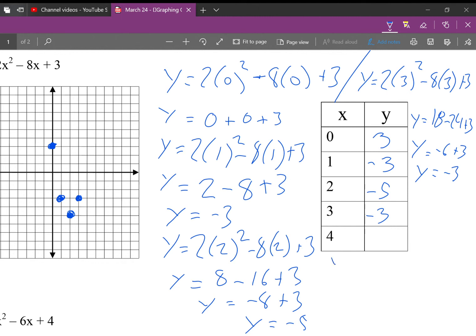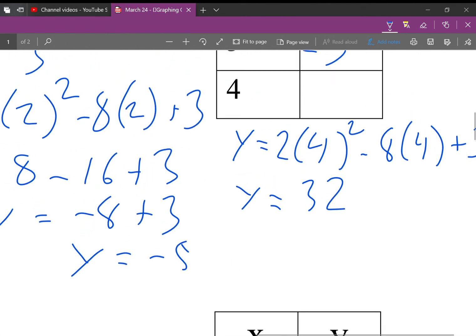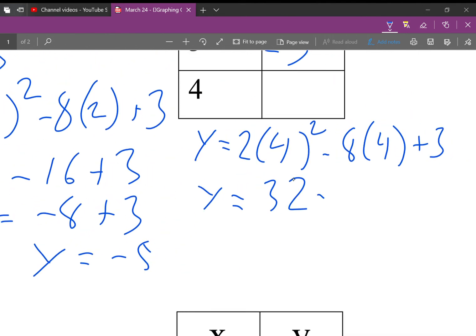I'll have y equals 2 times 4 squared minus 8 times 4 plus 3. 4 squared is 16. 16 times 2 is 32. Negative 8 times 4 is negative 32. Plus 3.